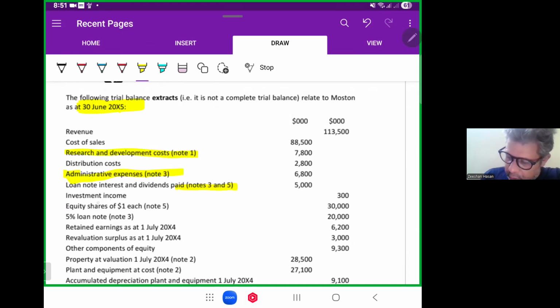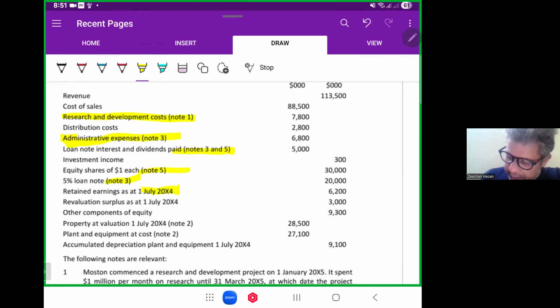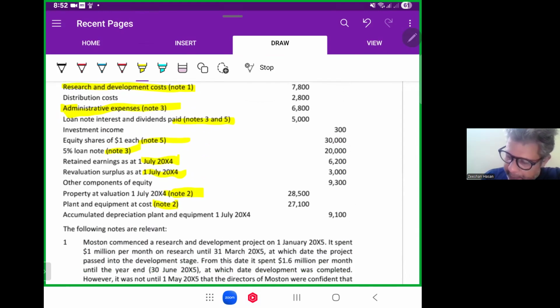Investment income, equity shares, note 5, loan notes 5%, note 3, retained earnings at 1st July 2004, revaluation surplus 1st July 2004, other components of equity, property at valuation 1st July 2004, note 2, plant and equipment at cost, note 2, accumulated depreciation, plant and equipment 1st July 2004.